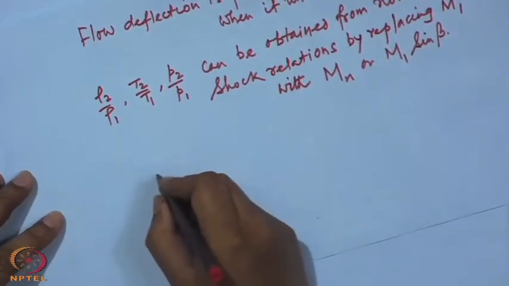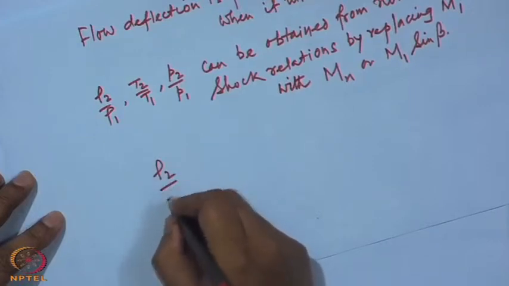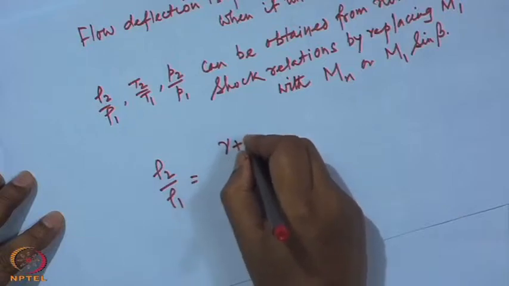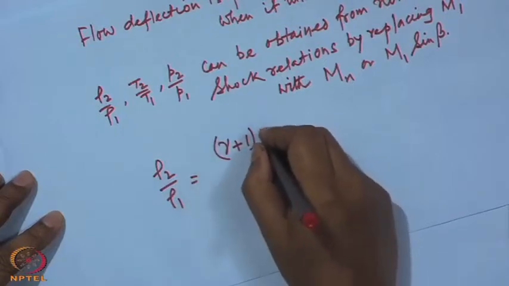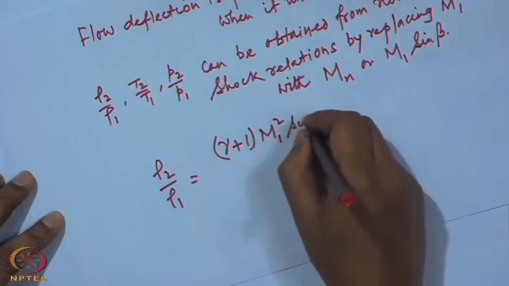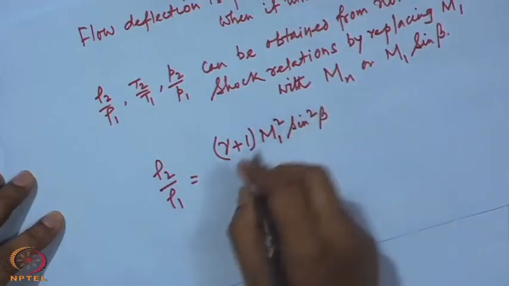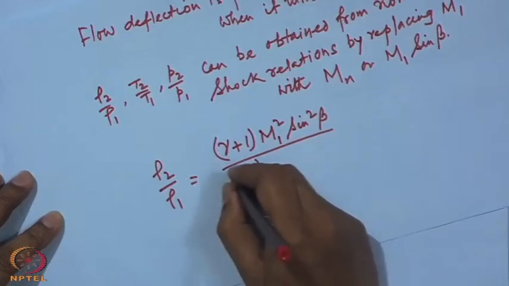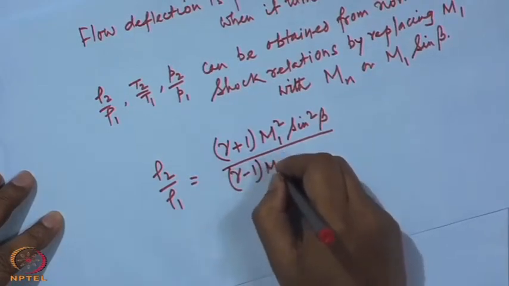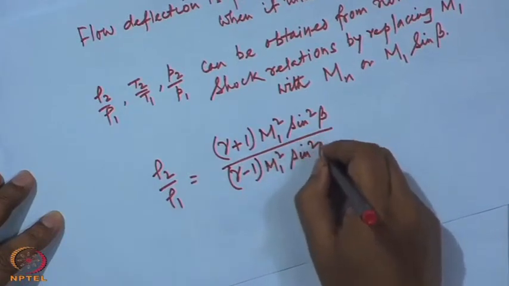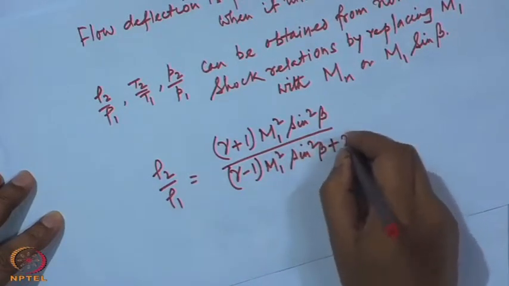That is, we can now write rho 2 by rho 1 equal to gamma plus 1 M1 square, which will be changed to M1 square sin square beta, divided by gamma minus 1 M1 square sin square beta plus 2.